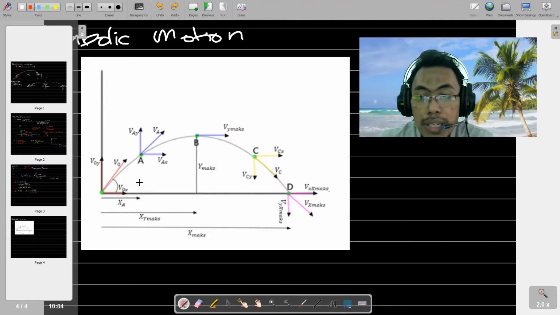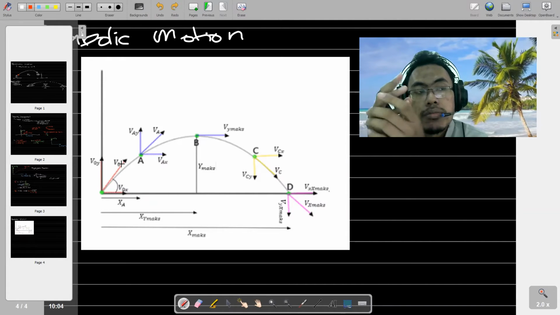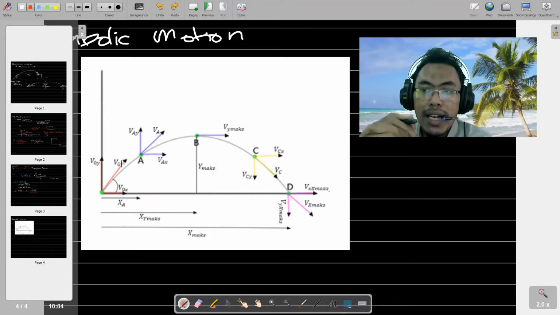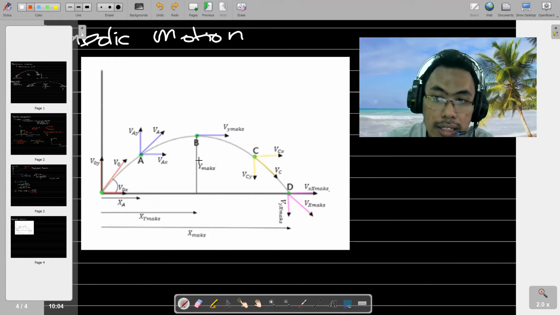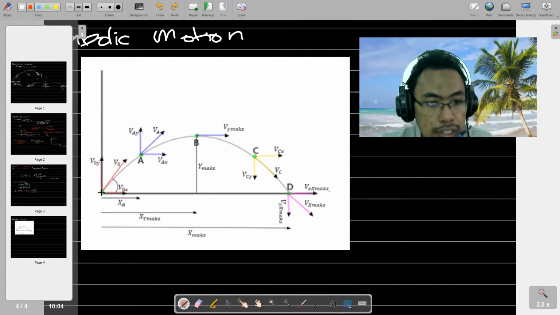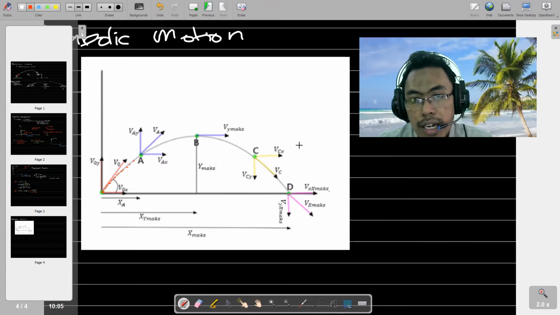Jadi kita bisa menganggap bahwa jejak perjalanan sebuah benda yang mengalami gerak parabola itu bisa kita anggap sebagai titik-titik kecil. So we have small points here, so many points, and these points will be there until the end of the path.